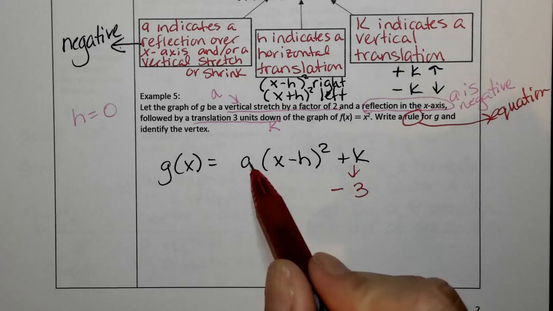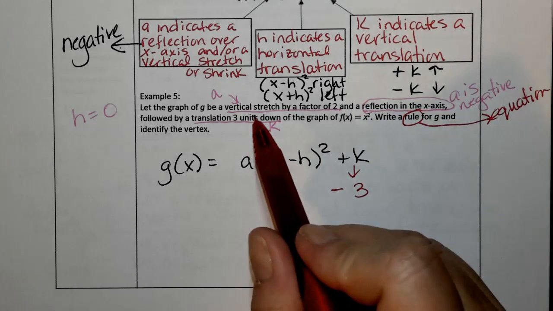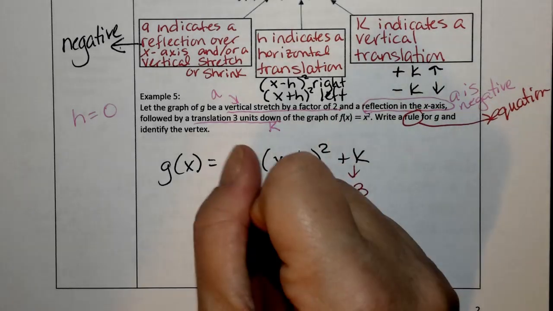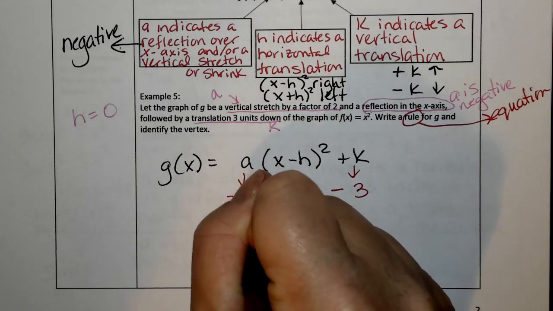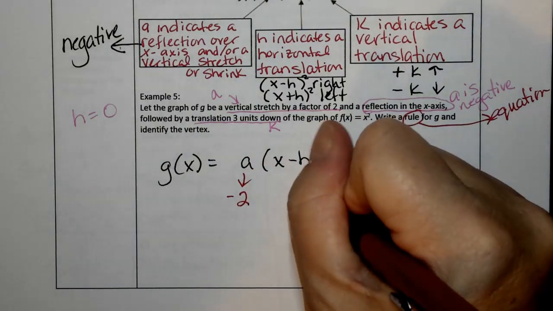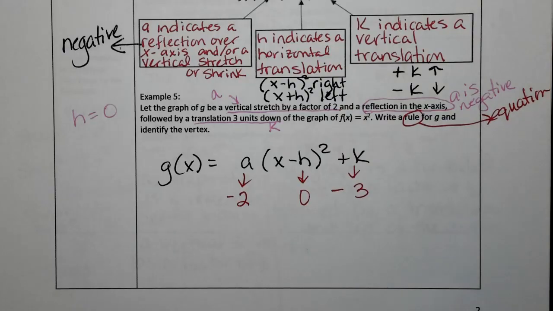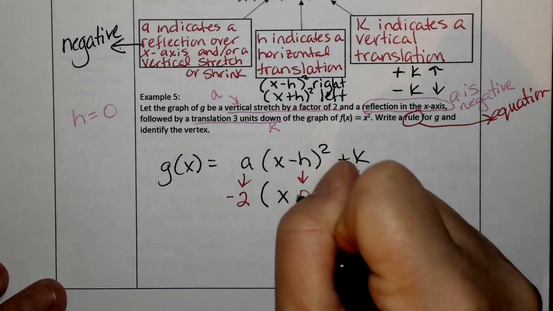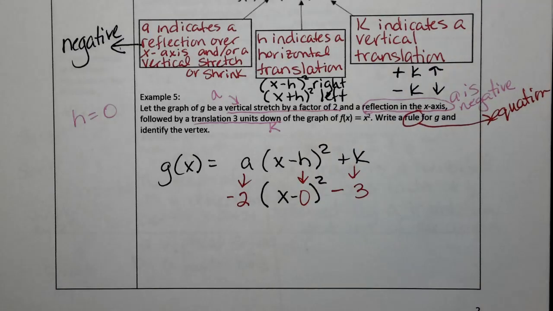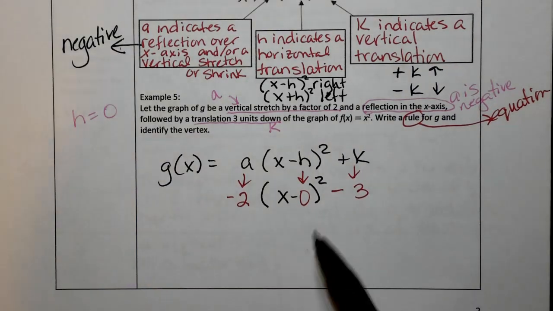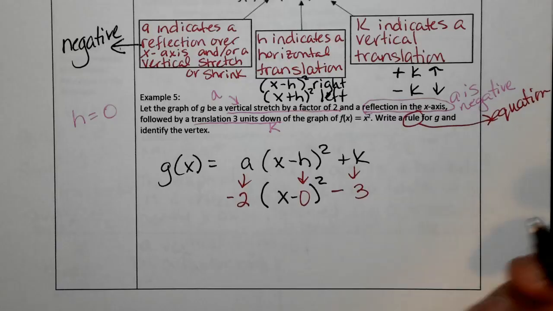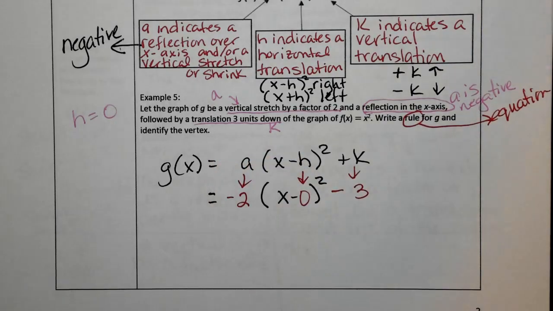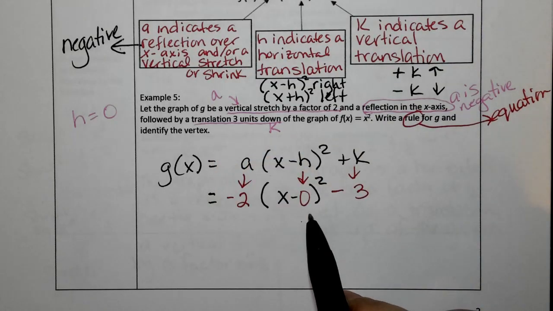We said our a value is negative, and that number is 2, so our a is negative 2. And since we're not given an h value, that value is 0, since we're not told that it moves left or right. So I'm just going to bring the rest down. I didn't want to jump straight to the equation and have you ask, Ms. Gill, what happened to the h? So that's why it's a placeholder for now.